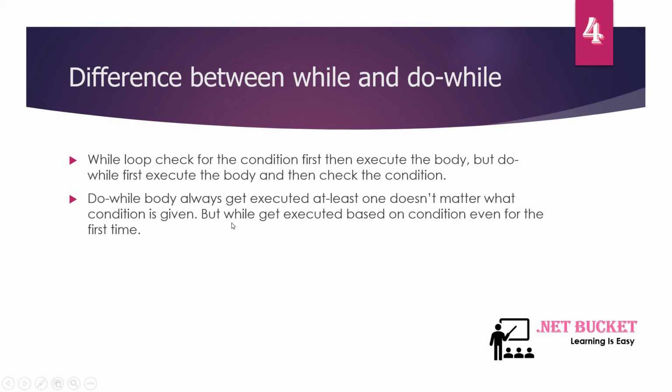But a do while loop will always execute the body at least once, and after that it will check the condition. If the condition is false, it will come out. If it evaluates to true, it will again go to the body and execute it. So this is the main difference between while and do while loop.